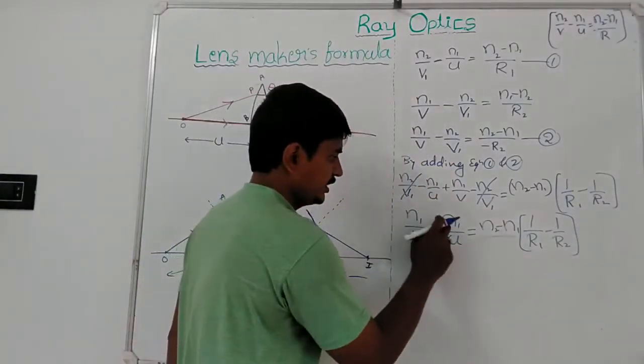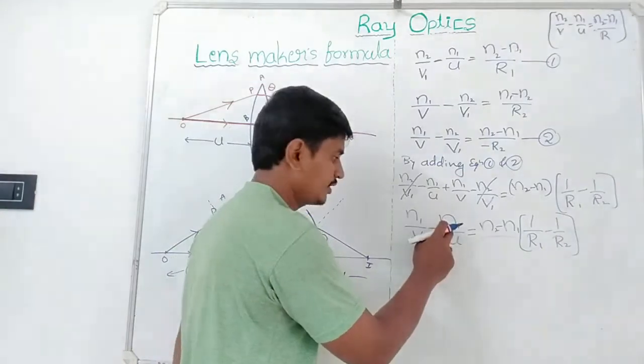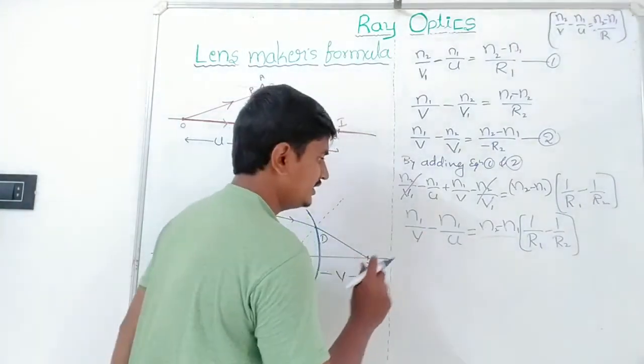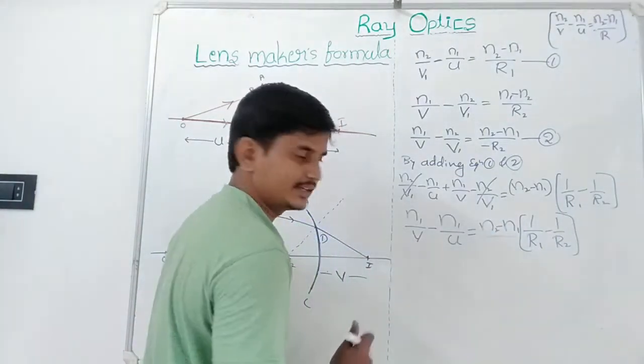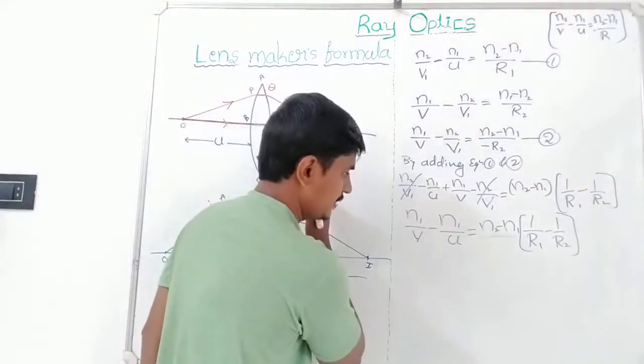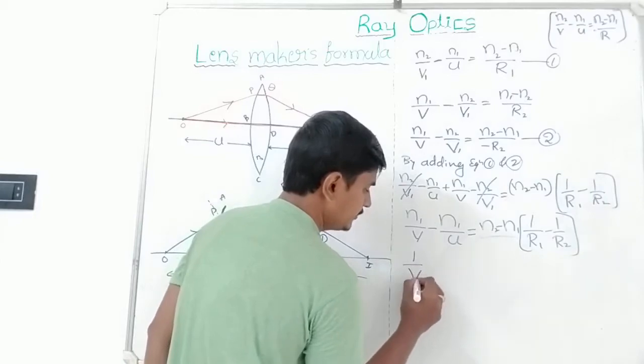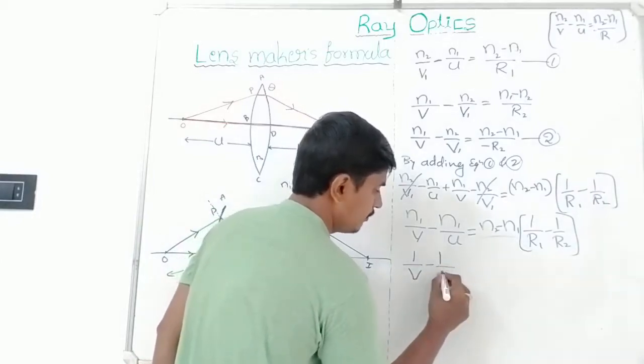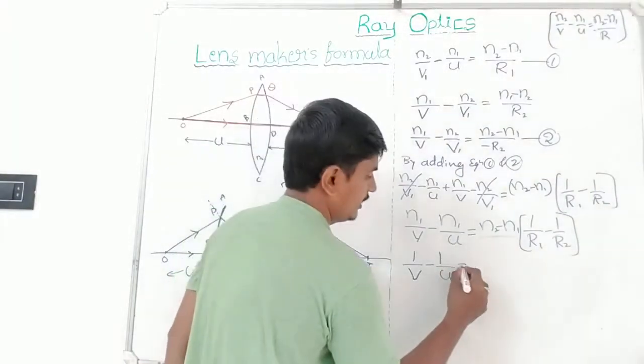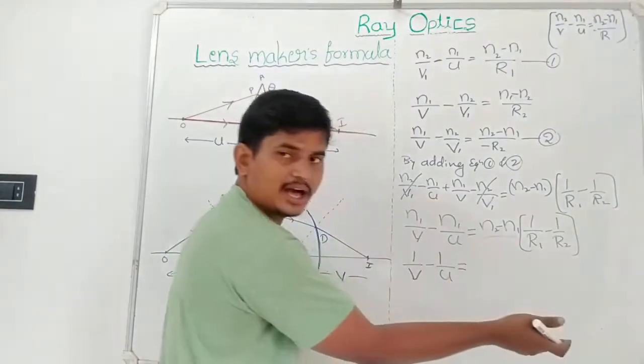See here, N1 is a common term here. So I will take it outside and send it to the RHS side. Now it becomes N1, keep it outside, remaining terms are 1 by V minus 1 by U. And this N1 is sent to the RHS side.